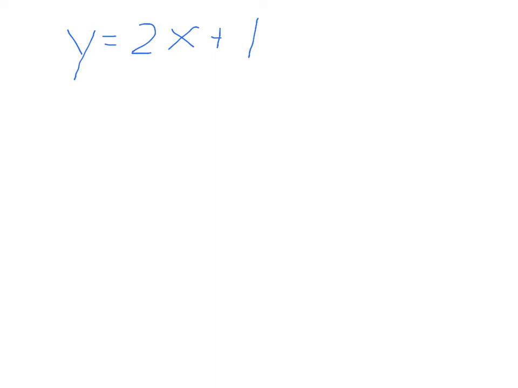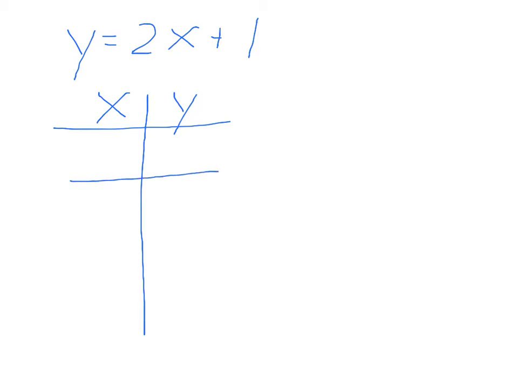The way I can do this easily is to make a function table, or a linear xy table, and start coming up with pairs of numbers. For this equation, the way it's written makes it really easy. If I just pick an x, let's say 0, I'm going to put the 0 right here.